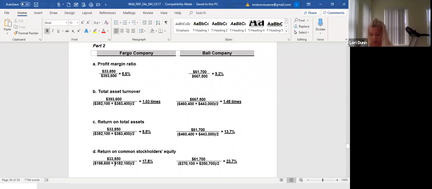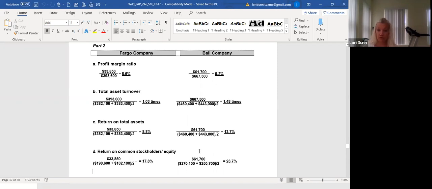For Fargo Company, it would be the 133 common stock plus the 49,100 of retained earnings. So that's where these two numbers came from. You needed to do some addition there. Just take the common stock, add the retained earnings balance, then divide that by 2. So that's the average amount of the common stockholders' money in the company. Divide that into the net income the company provided using that money, 17.8%.